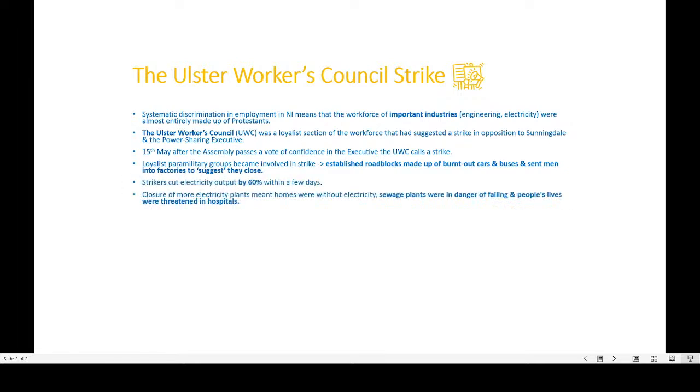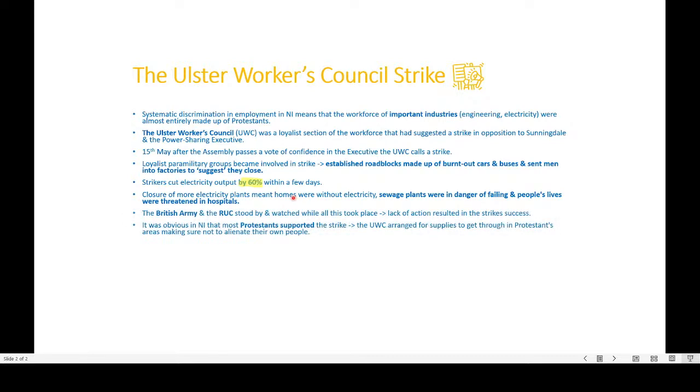So the strikers cut electricity output by 60% within a few days of the strike taking place, and the closure of more electricity plants meant that homes were without electricity, sewage plants were in danger of failing, and people's lives were threatened in hospitals as hospitals struggled to get enough electricity into their infrastructure. So the British Army and the RUC stood by and watched while all this took place.